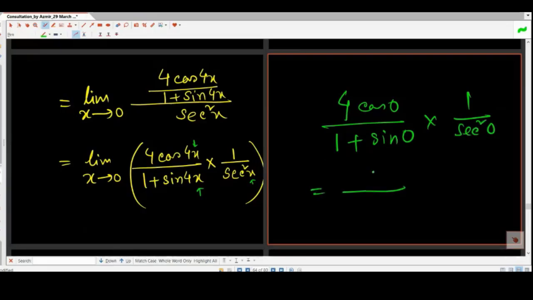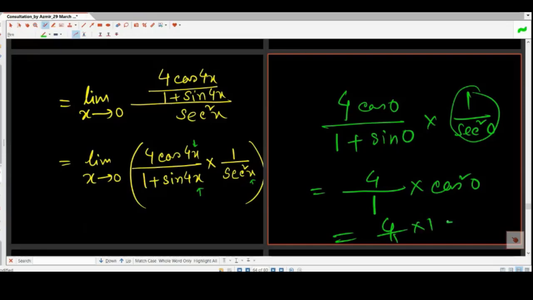So that means 4 cosine 0 is 4. 1 plus sine 0 means 1 because sine 0 is 0, times 1 over secant squared 0. We can think of it as cosine squared 0. So cosine 0 is 1, so cosine squared 0 will be 1. That means we have 4 over 1 times 1. That is 4. So we don't have 0 by 0 type or infinity by infinity type.